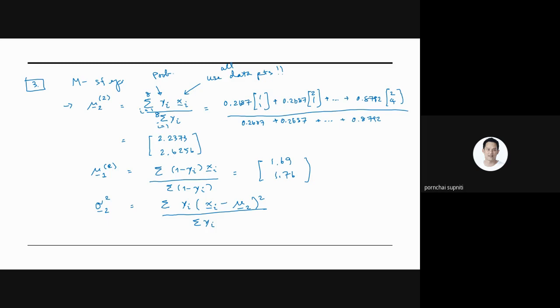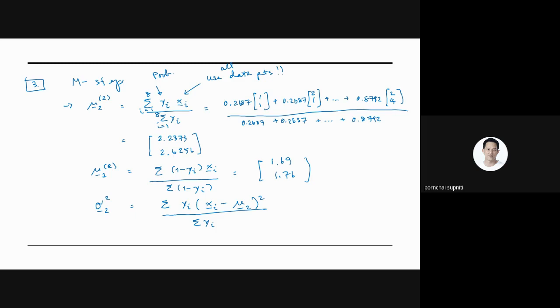Okay. So you notice that this is like the equation for the variance, right? Same equation, but here we put the probability at the front as well. So it's like an expectation in a way, no?